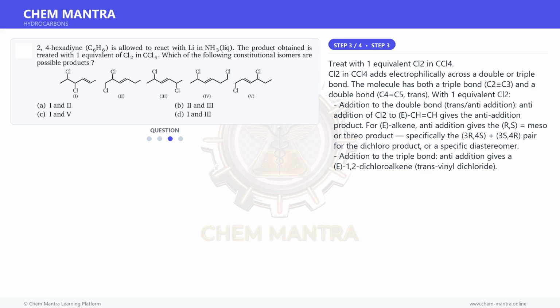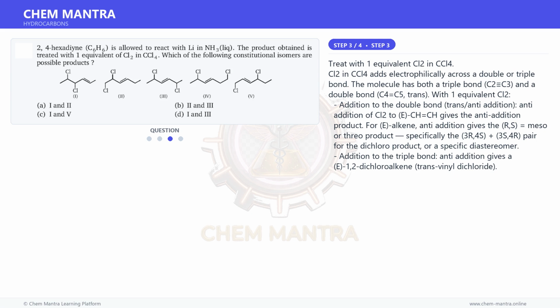Treat with 1 equivalent Cl2 in CCl4. Cl2 in CCl4 adds electrophilically across a double or triple bond. The molecule has both a triple bond, C2-C3, and a double bond, C4=C5, trans.